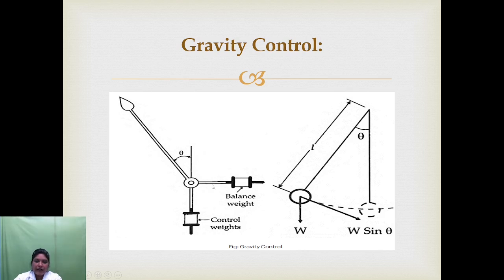So in gravity control, the instrument should be positioned vertically. Next, it is a non-uniform scale, because I is directly proportional to sin theta. This equation reveals that it will be a non-linear scale.